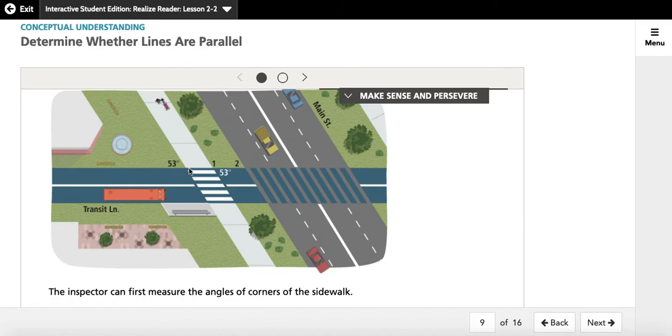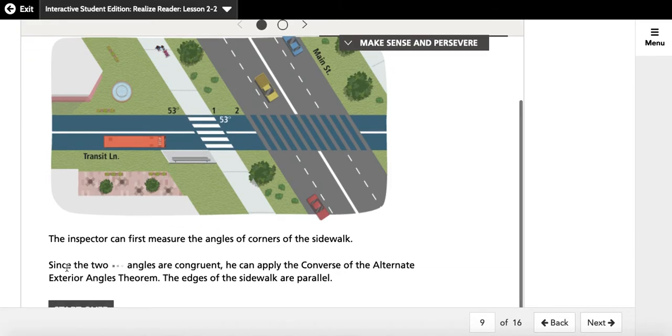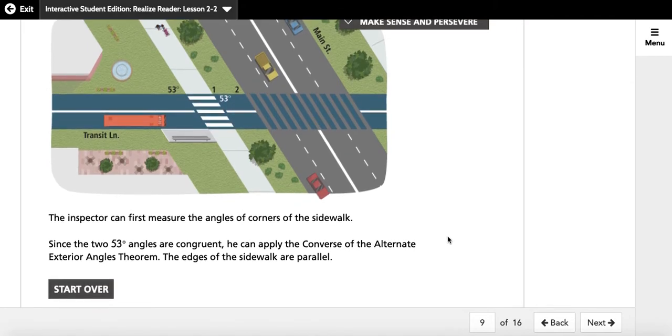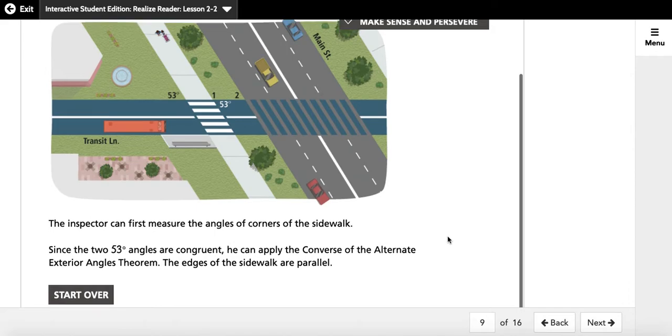This is a straight line, and those are alternate exterior angles. If they end up being the same, like they do right here, 53 and 53, the two edges of the sidewalk must be parallel. Since the two 53 degree angles are congruent, he can apply that converse theorem.